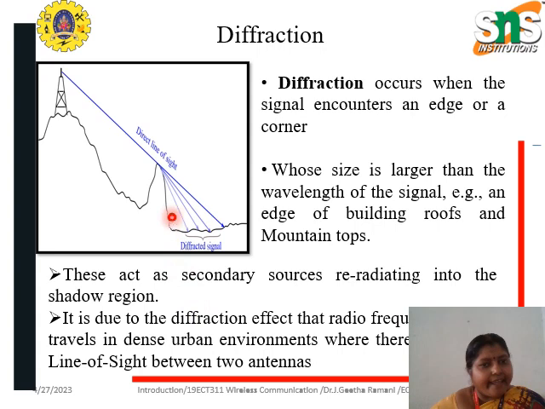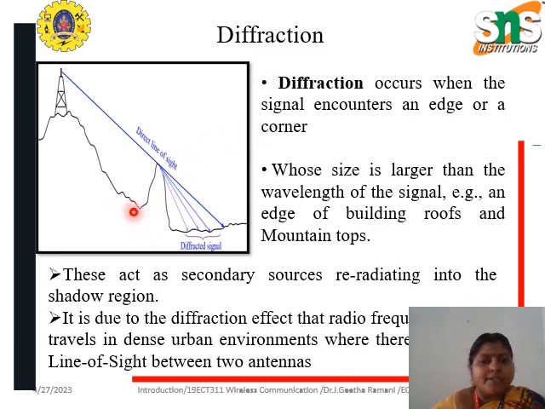These act as secondary sources and re-radiate into the shadowed region. Suppose the waves hit these edges, the spot will act as a secondary source and generate a wave again and transmit it to the unreached portions. That is the main advantage of diffraction.